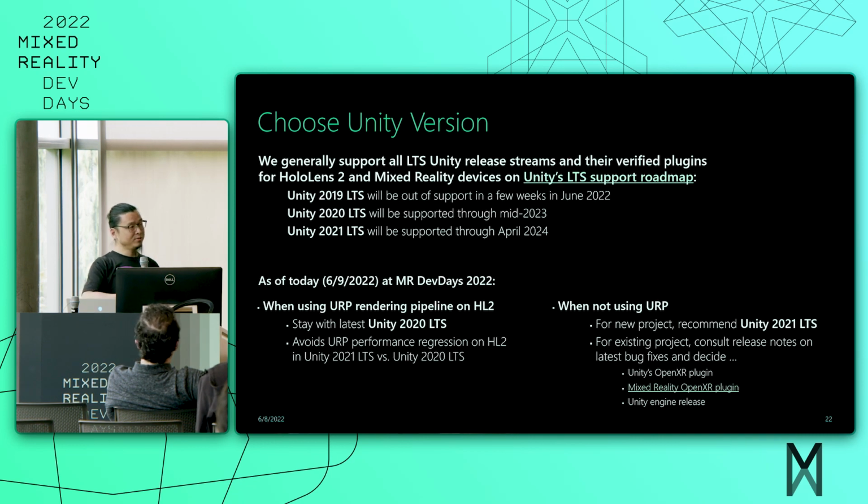We would recommend you consult the release notes that we linked here, and take a look at the latest bug fixes and added features to decide whether you want to pick up the latest version and upgrade your project. For example, the suspend resume bug fix, with a sequence of fixes released recently, will be a good reason for you to upgrade your package and get to the latest versions.